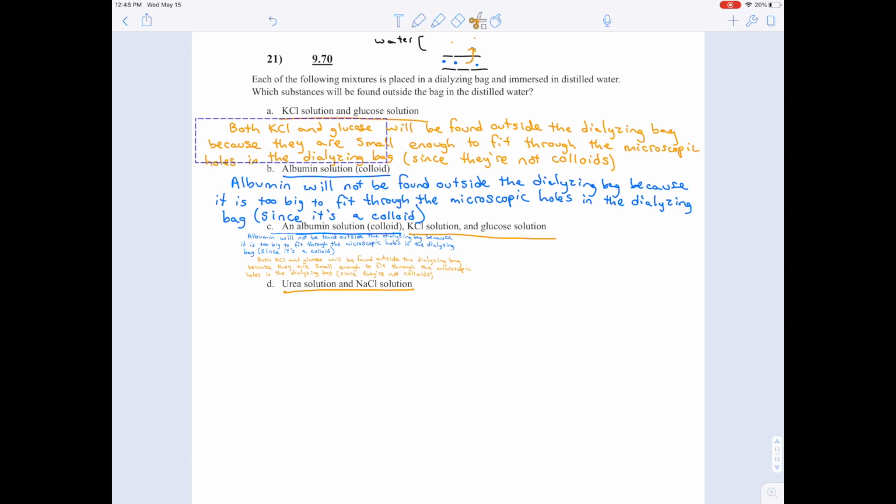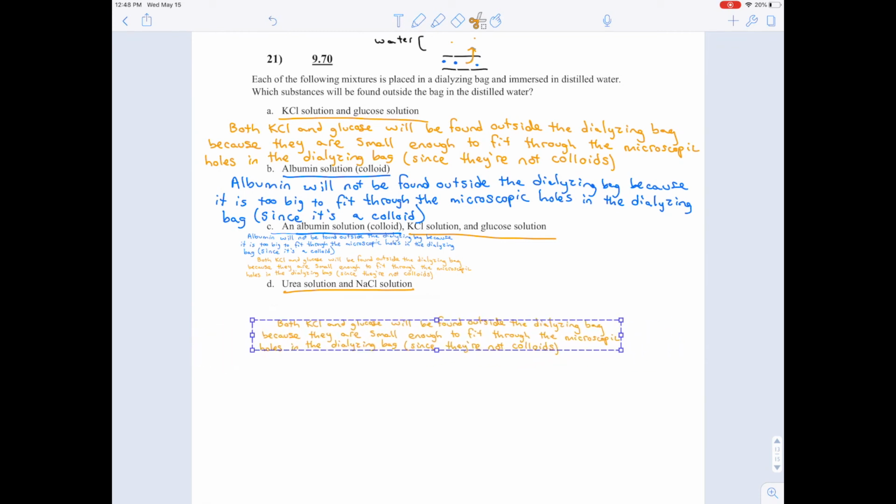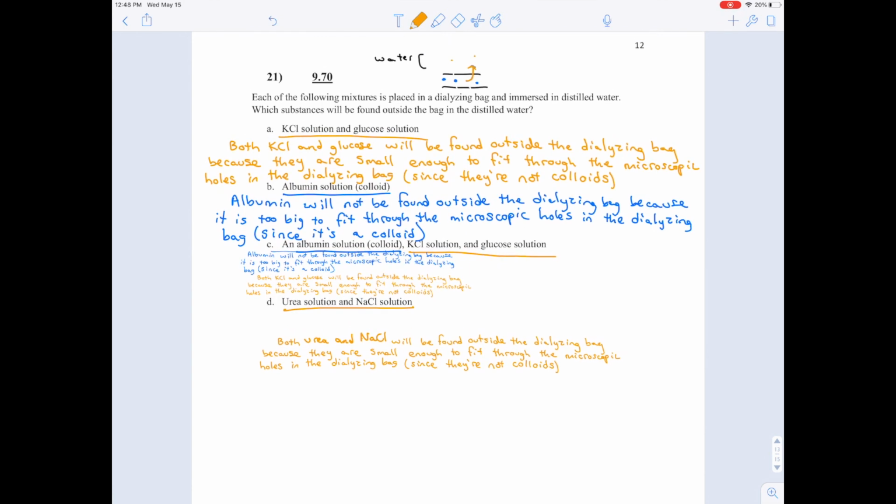So the answer will be similar to A, except instead of KCl and glucose, it will be urea and NaCl. So both urea and NaCl will be found outside the dialyzing bag because they are small enough to fit through those microscopic holes in the dialyzing bag. And we know that because they are not listed as colloids.